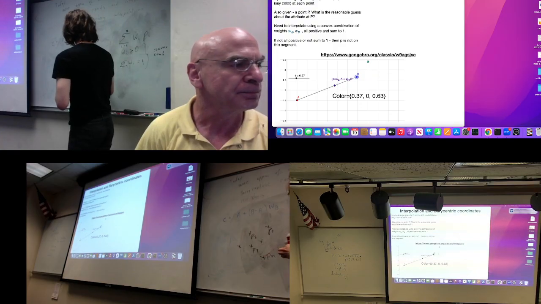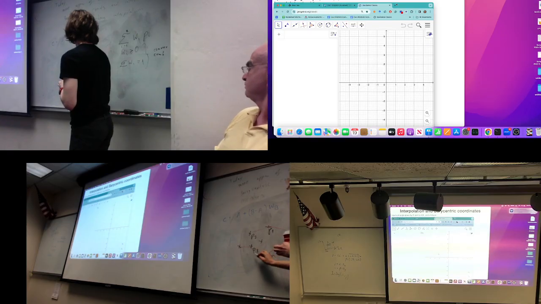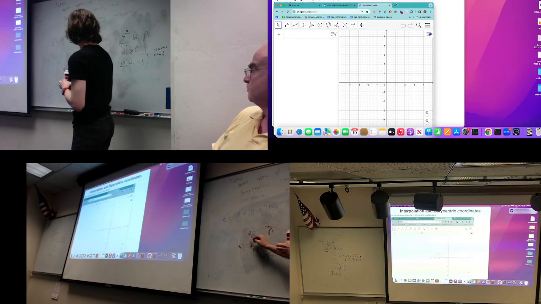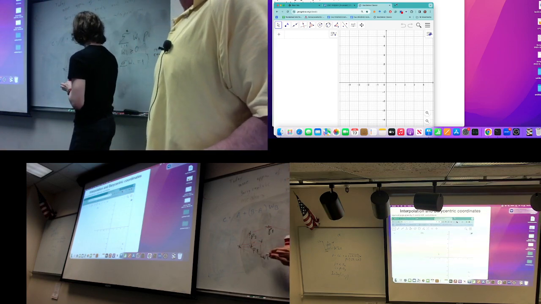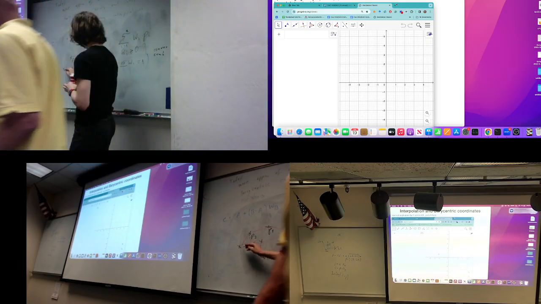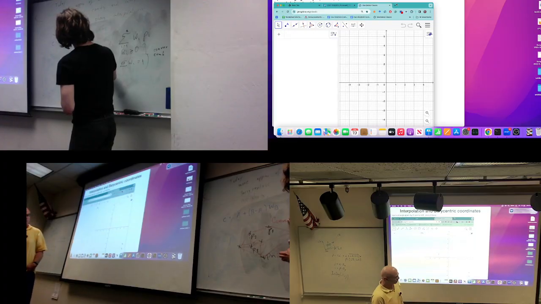All the pairs of points will get you a line segment between them. There's a lot of combinations. Okay, I'm not going to do all the combinations. But then each trio of points gets you a triangle. So this is formally called the convex hull.